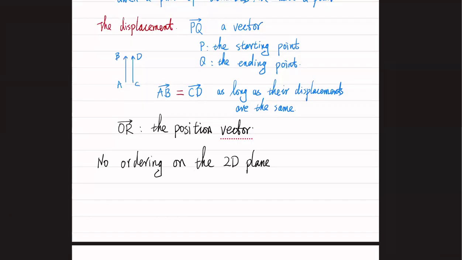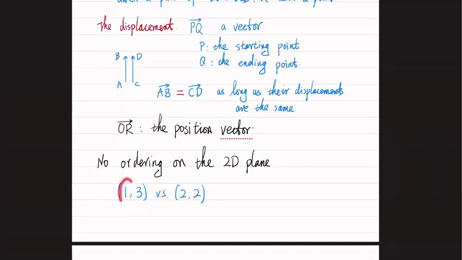For example, if we have 2 points, (1, 3) and another point (2, 2). We want to see if one is bigger than the other.